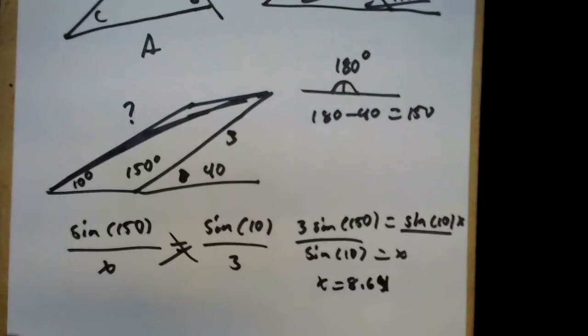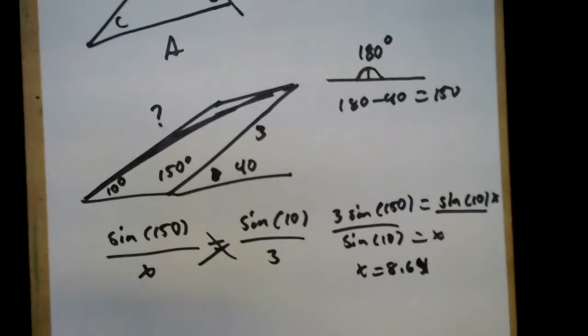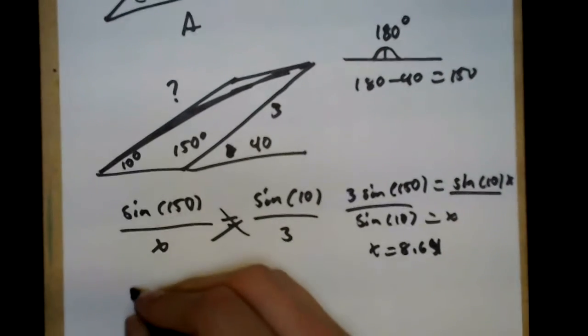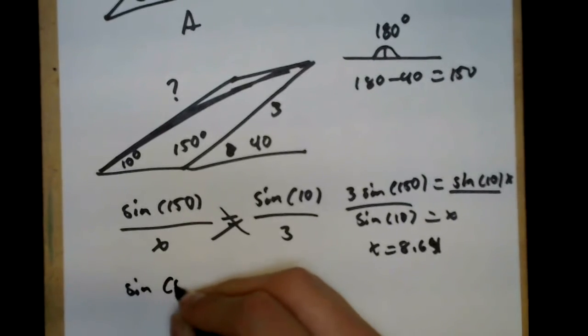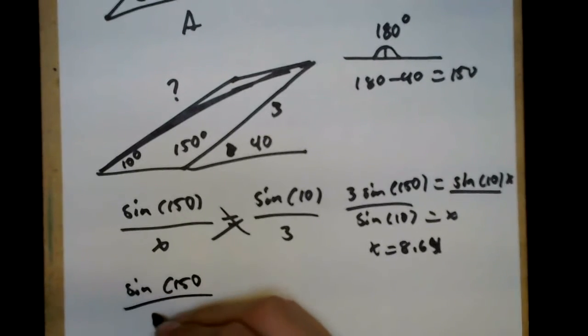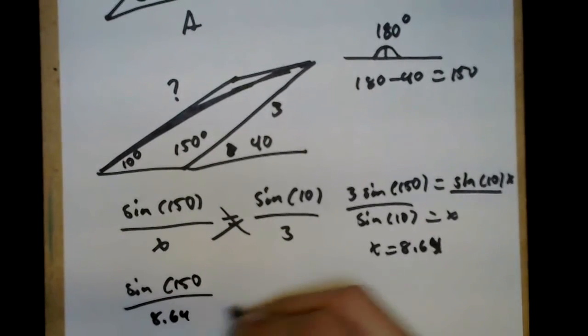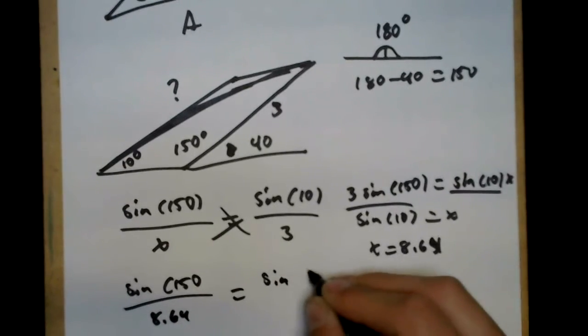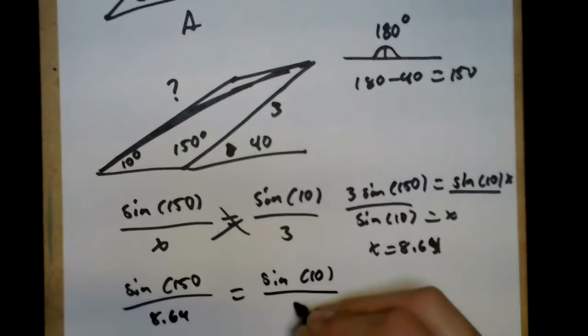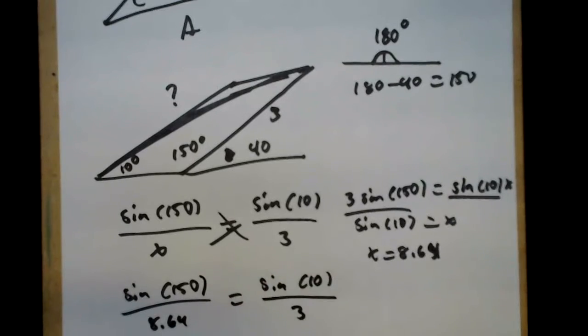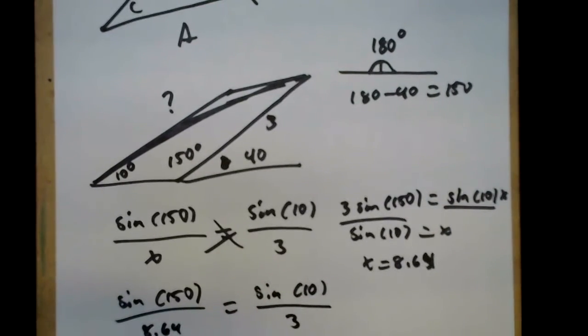So if you want to make sure that's correct, you can plug it back into the equation. Sine of 150 over 8.64 equals sine of 10 over 3. You do sine of 150 divided by 8.64, you get 0.05.